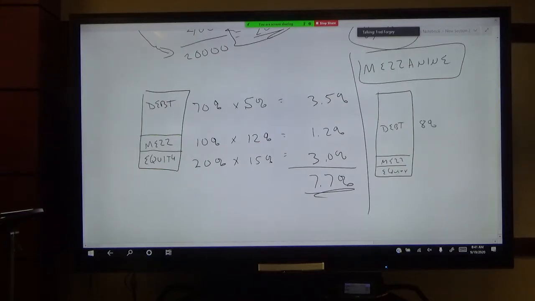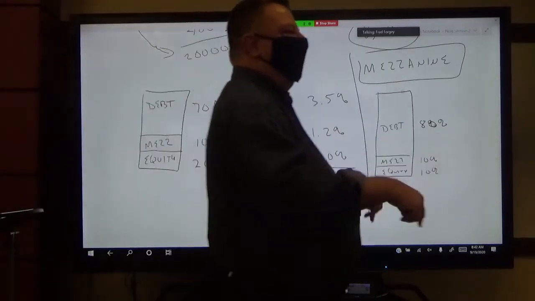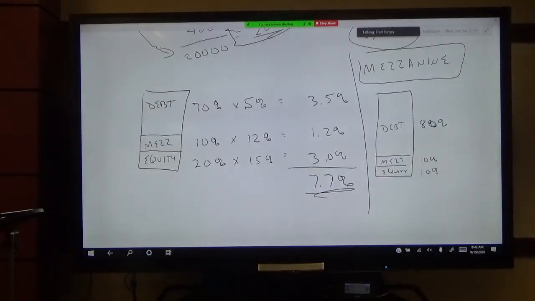We still had the 80% that we originally had in debt, but now we've got 10% mezz, and we've dropped our equity down to 10% as well. So the role of the mezz player in that capital structure is providing you, the developer or investor, the opportunity to not have to put in as much money as you ordinarily would. Does that make sense? Because most investors and developers are going to be cash constrained.